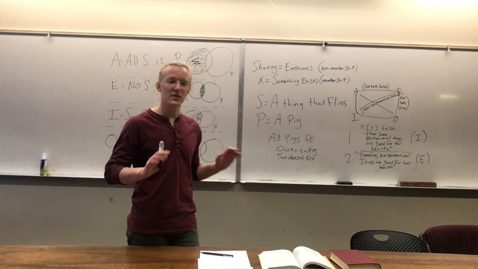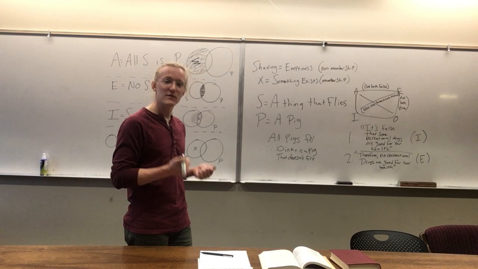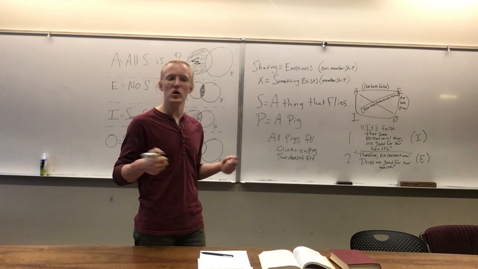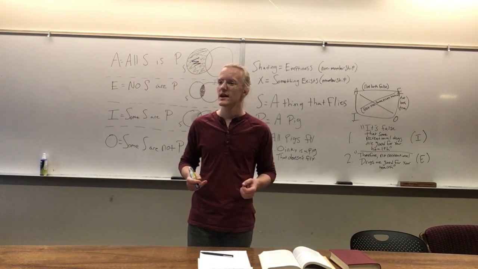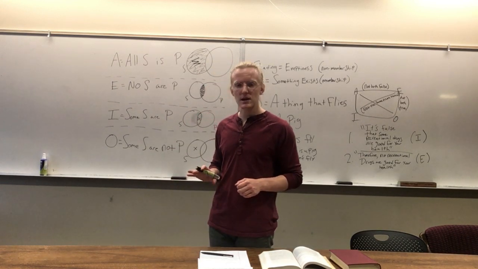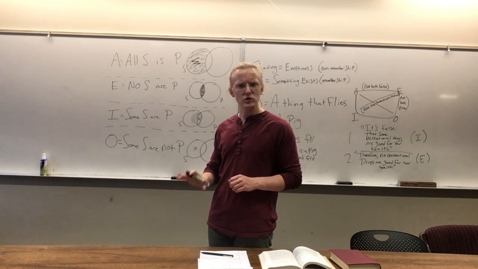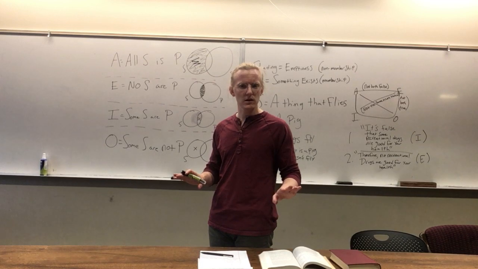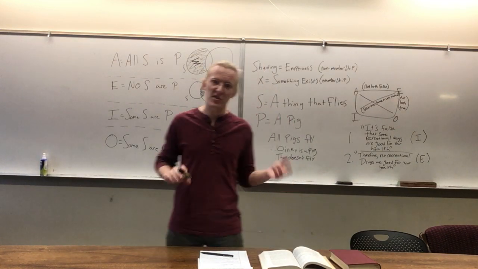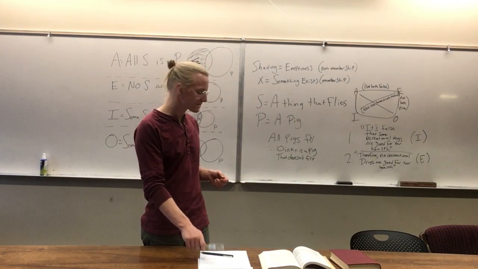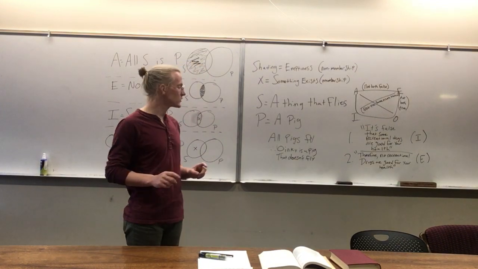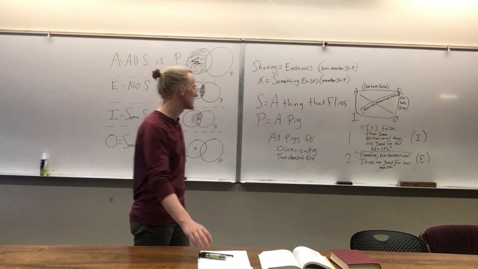So we can take the logical form and extract it from the sentences that we use, that others use, and we can analyze it. We can look at it and say, well, does that logical form really imply what the person or myself thought it implied? And so this is a question that comes straight out of your quiz.